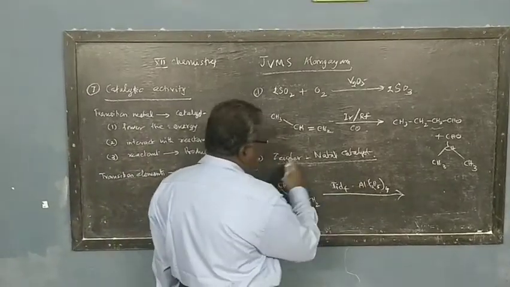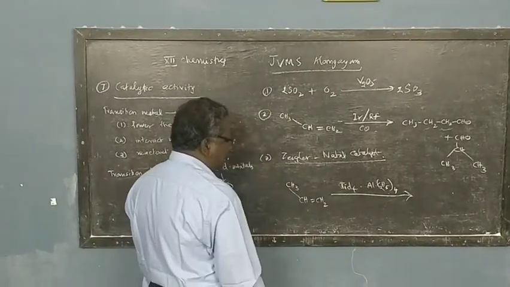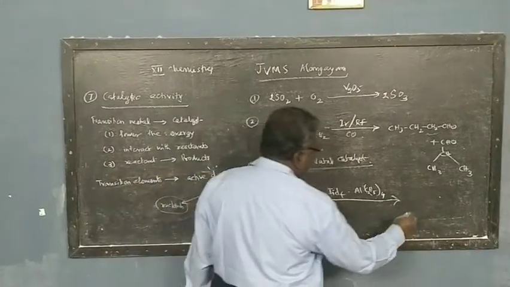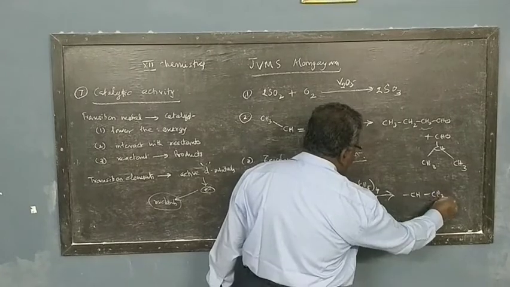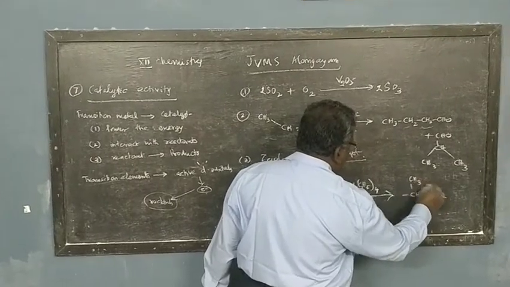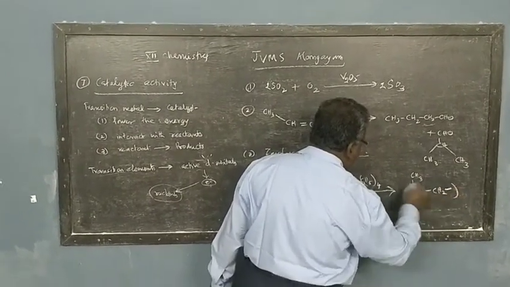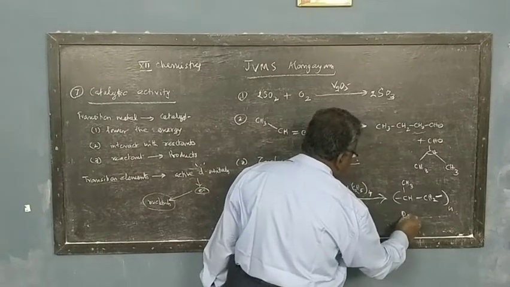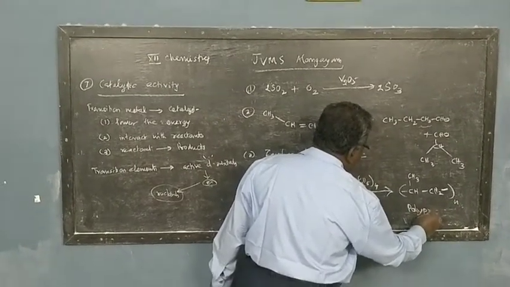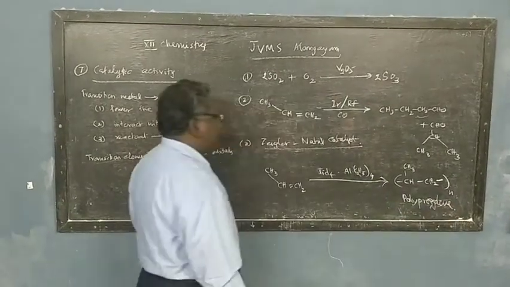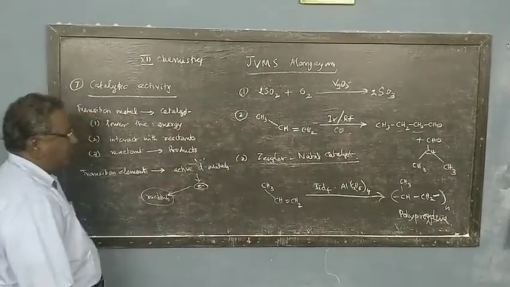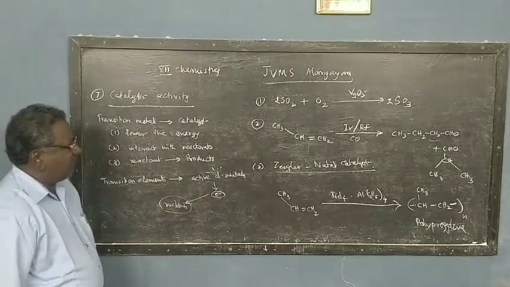This is called the Ziegler-Natta catalyst, which polymerizes this molecule and forms polypropylene. This is called polypropylene. So this is how the product is formed in this catalysis.